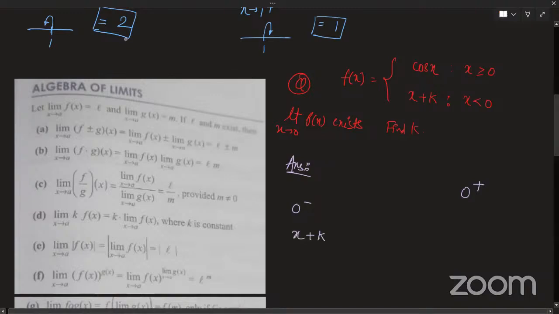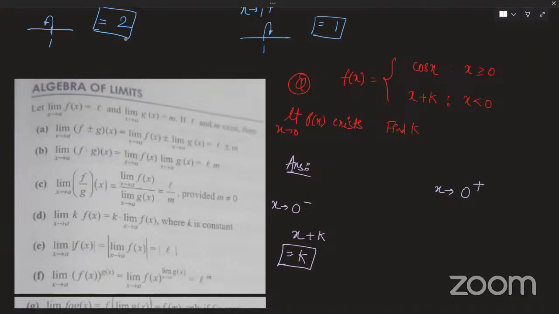Its x value is tending to 0 minus, so what will the value of x plus k be? It will be equal to 0 plus k, so it will be equal to k.